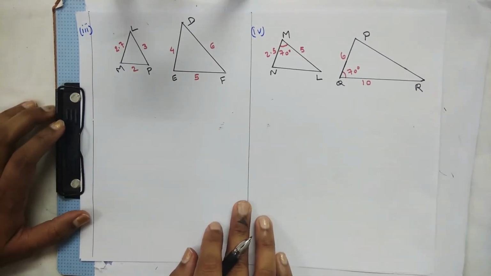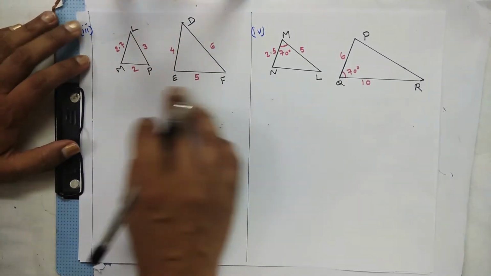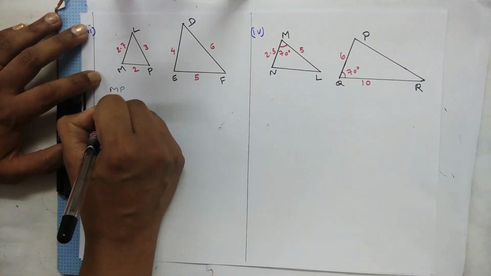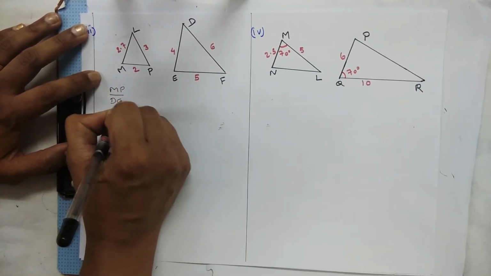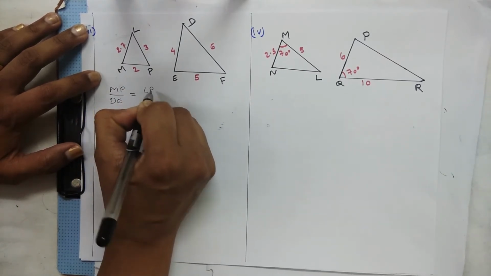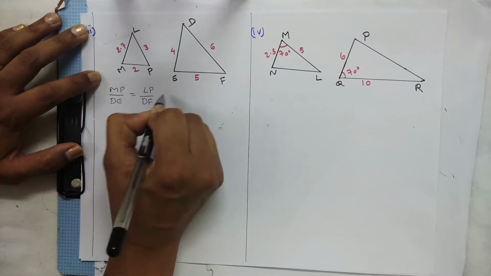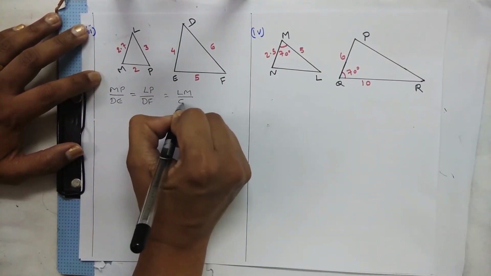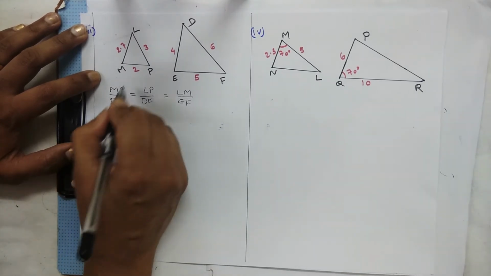Next one. See, here also they have given the corresponding sides. So we have to find out the corresponding sides here. So MP divided by DE. Then LP divided by DF, then the remaining side LM divided by EF. So we'll substitute the values and see.